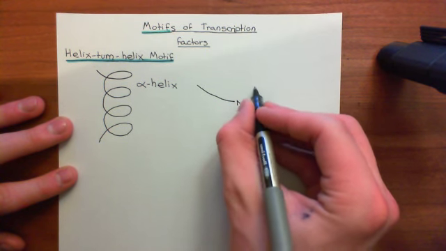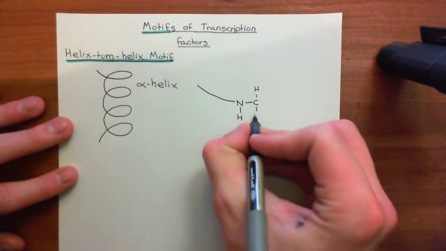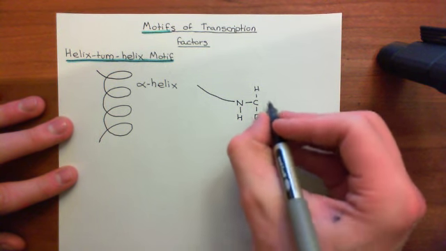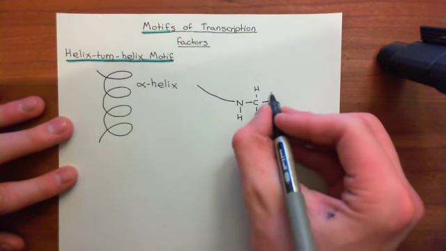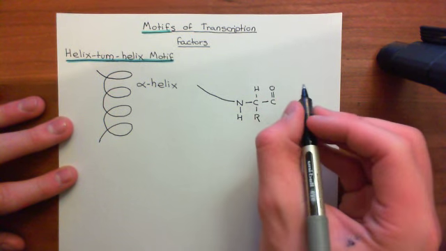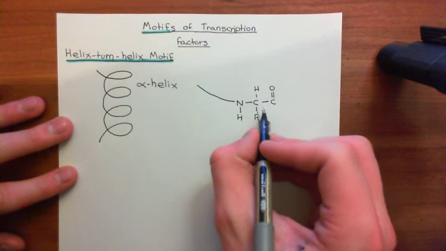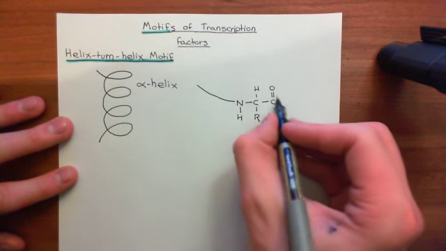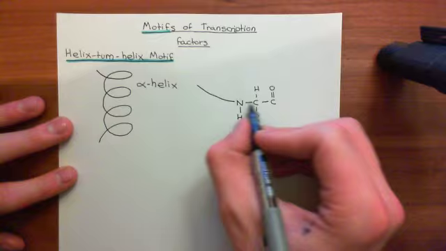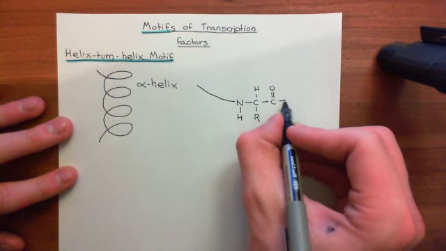Here's the alpha carbon with a hydrogen coming off it. Here's the R group. Now, I'm not bothered by what the R group is, because this is a secondary protein structure and is therefore going to be formed just by the core structure of the polypeptide. It doesn't matter what the R group is here. It's going to be formed by the groups of the peptide links.